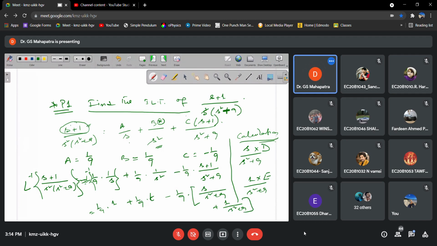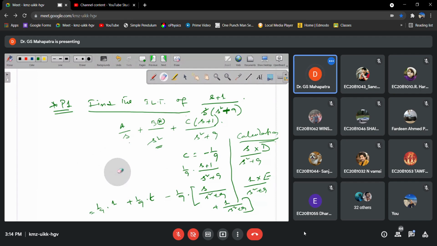So I will erase some part here. So now here it is 1 by 9 plus t by 9 minus 1 by 9 Laplace inverse transform.